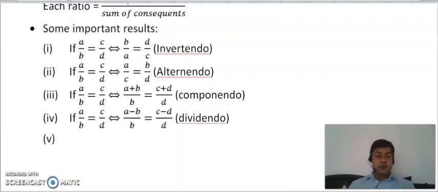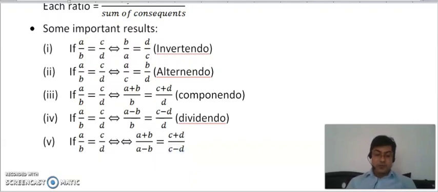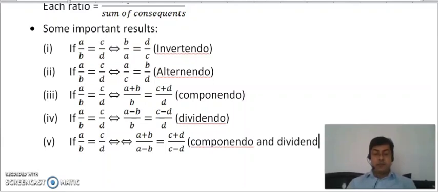Now next property, if A upon B is equal to C upon D, then we have A plus B upon A minus B is equal to C plus D upon C minus D. Now this property is called componendo and dividendo.